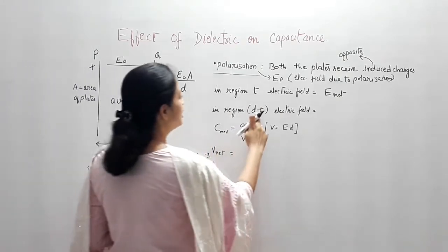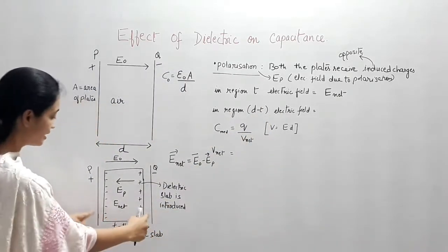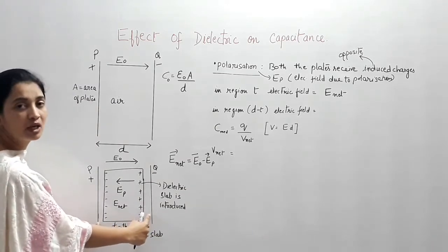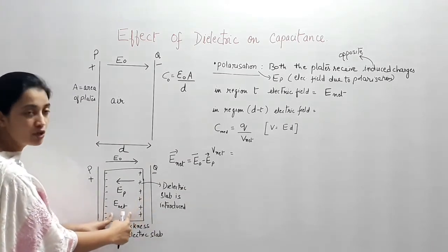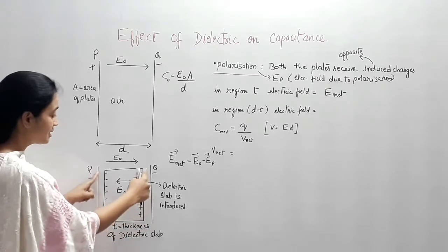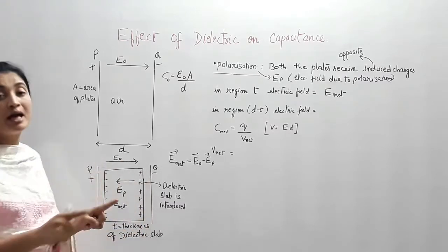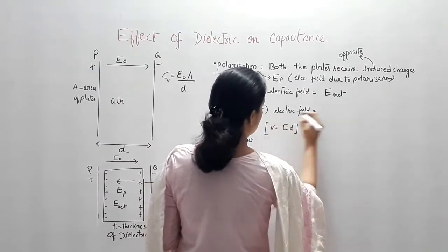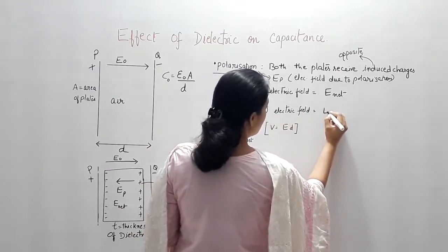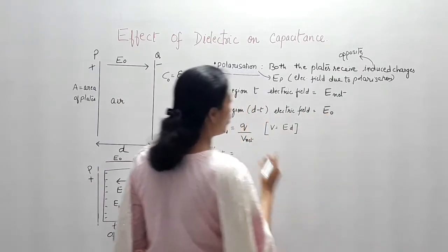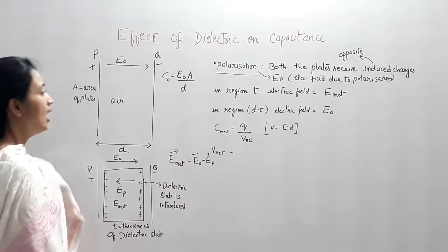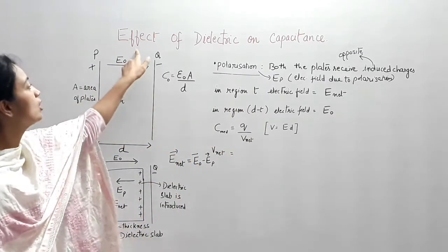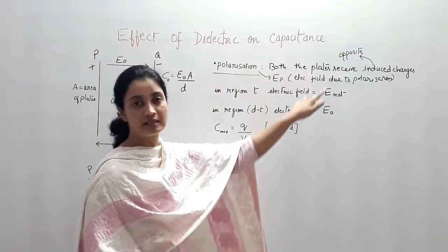And in the region D minus T, what is D minus T? D is the distance between the plates of the capacitor and T is the thickness of the slab. So D minus T means this empty space where the dielectric is not present. Here the electric field is the applied electric field only. And what are we up to? We actually want to see the effect on capacitance.